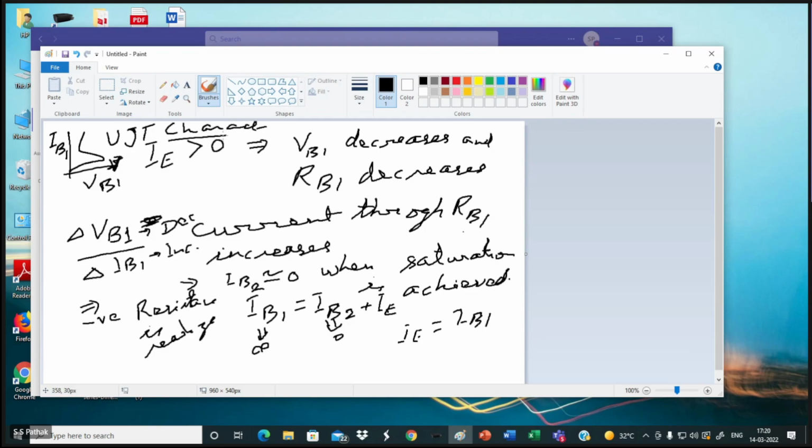So using a UJT also, a single junction gives me negative resistance, and you can use that for switching action or anything. Here again, in this particular region, you are not able to do any kind of measurement. From here, in a fraction of milliseconds or so, it comes over here. So like that, this is the device.